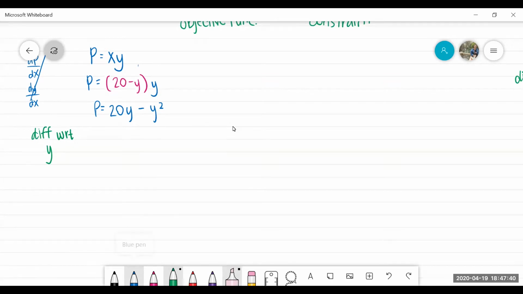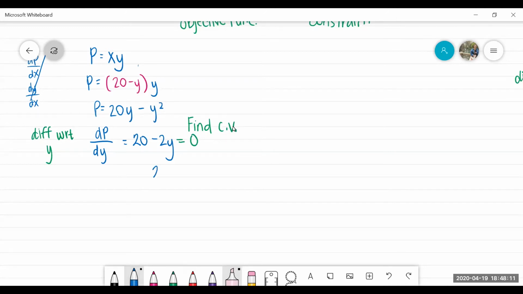So if we differentiate, we get dp dy is equal to, and this becomes 20 minus 2y, right? Then what we want to do is we want to find our critical values, okay? So in order to do that, we set this equal to 0, okay?